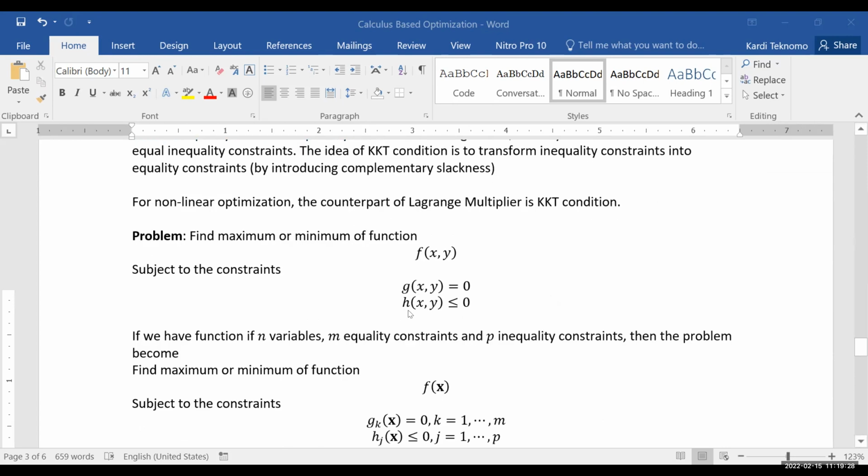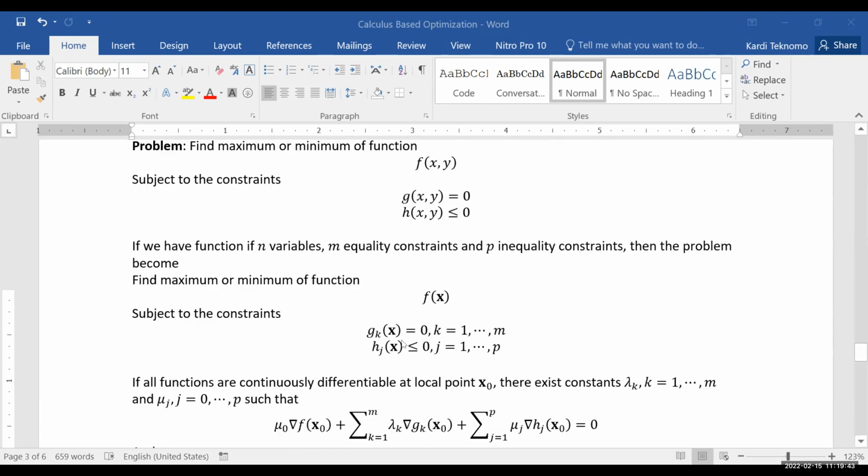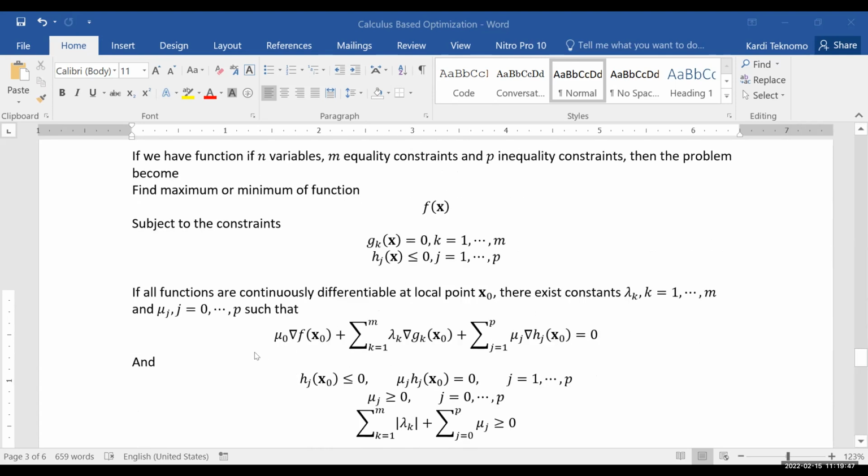So, for example, if you want to solve this problem subject to the constraints G equals 0 and H is less than 0, then you need to solve it by putting this formula here.